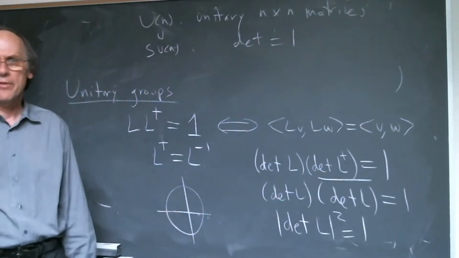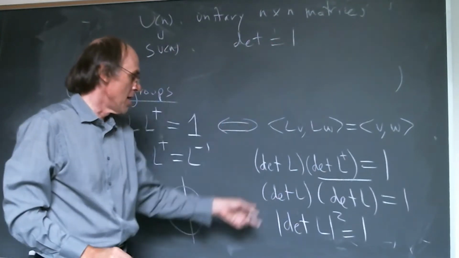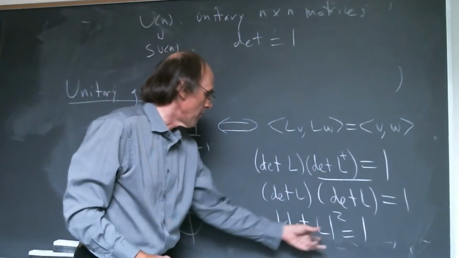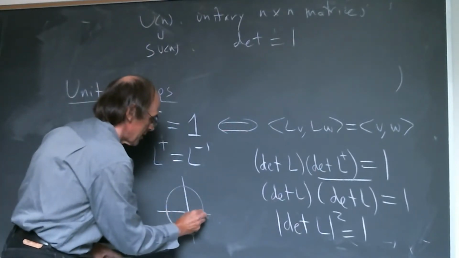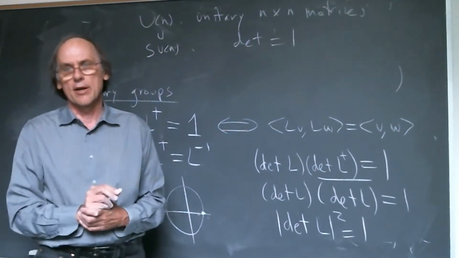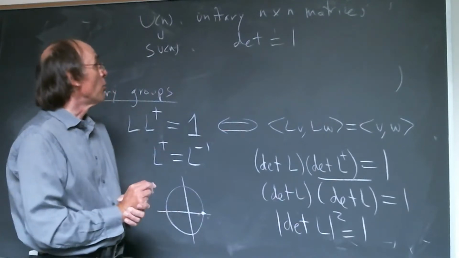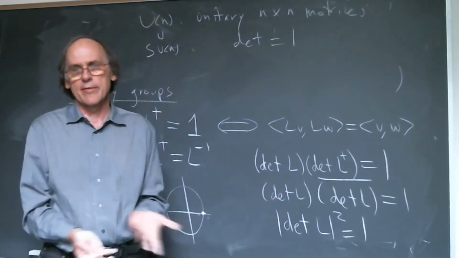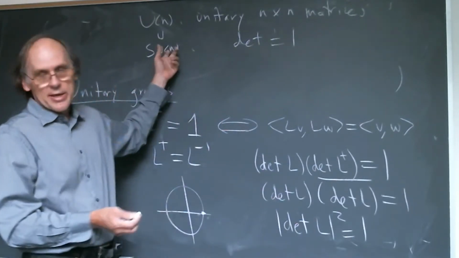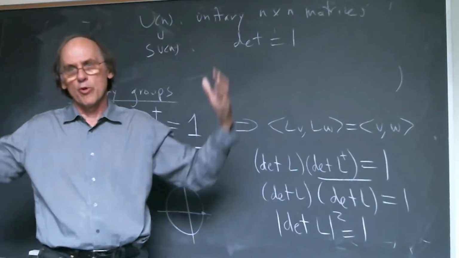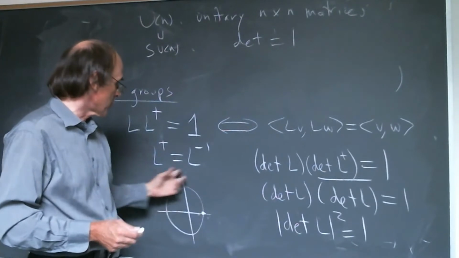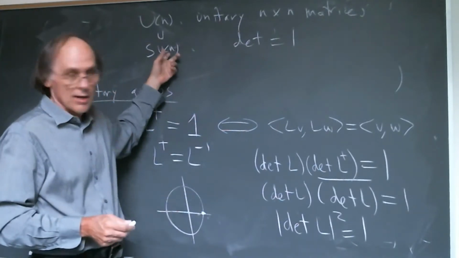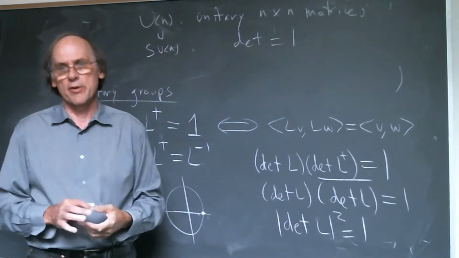But now the determinant 1 condition picks out one of an infinite number of possibilities. It picks out this point here on the circle. So whatever dimension the space of SU(n) is, U(n) is going to be one more dimension. U(n) in some sense has an extra circle in it besides all the dimensions of SU(n).